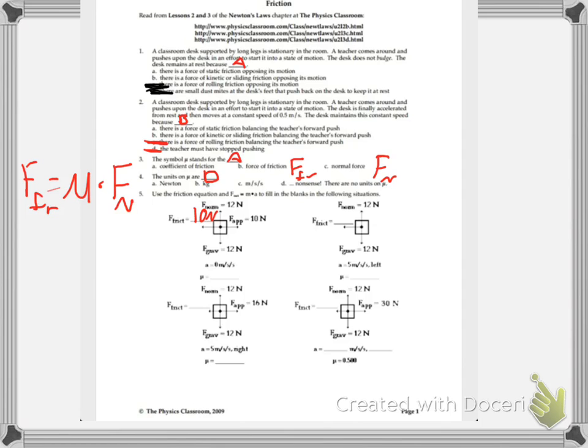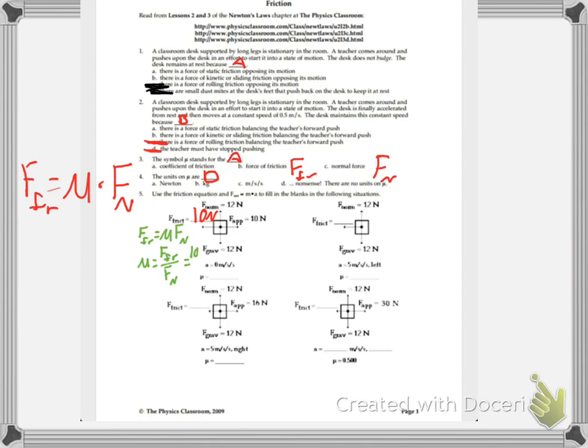And if the friction is 10 newtons, we know what our normal force is. That means that we can find mu. So here, we would want to break this equation down. We would have our force of friction equals mu times the normal force, which means that mu equals the force of friction divided by the normal force.